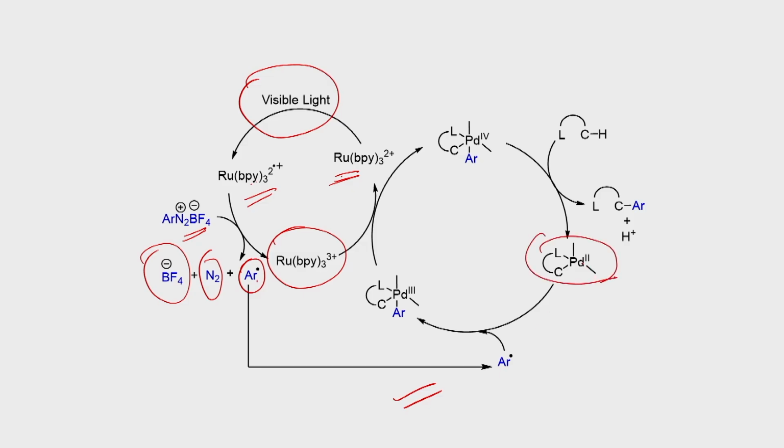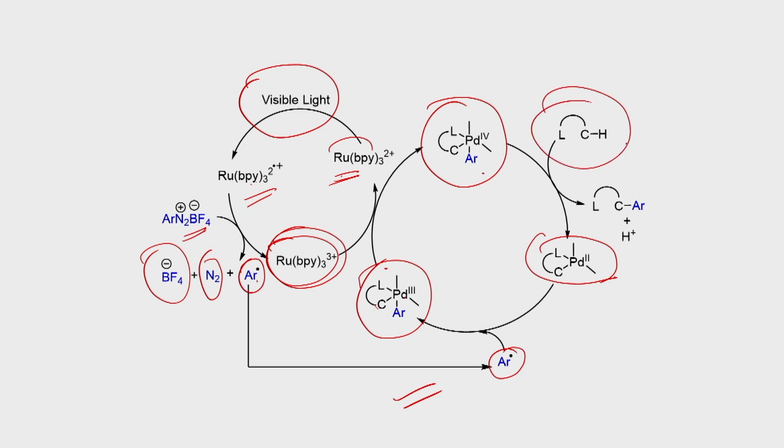The palladium 2 can now react with the aryl radical, you convert into palladium 3, and this can now reduce the ruthenium 3 to ruthenium 2, and palladium 3 will be oxidized to palladium 4. Once we have this one, which can react with your substrate, you can form the arylation product where you generate H plus, and this is reduced into palladium 2.